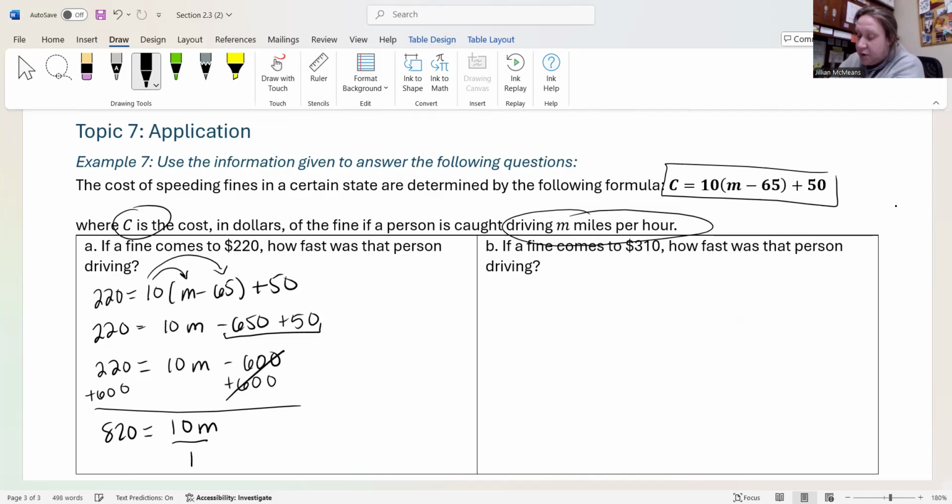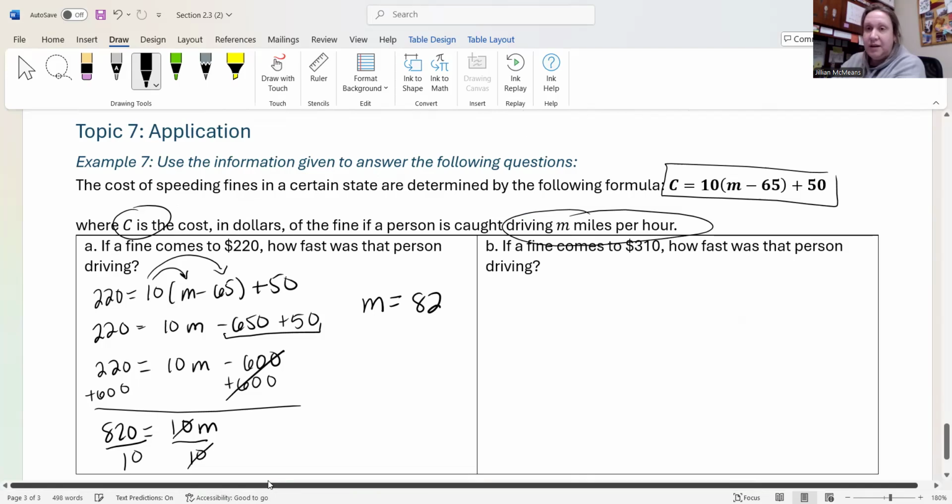And then I want to divide both sides by 10. On the right, 10 divided by 10 is 1, which leaves me with 1m. On the left, 820 divided by 10 is 82. So here's where I would finally flip it. For my final answer, I would say m equals 82 miles per hour.